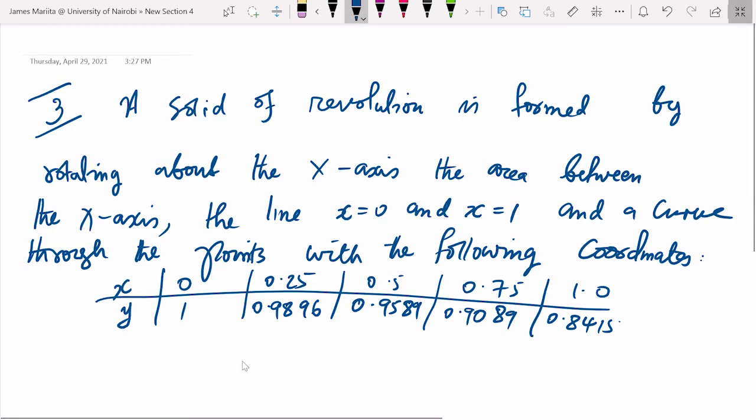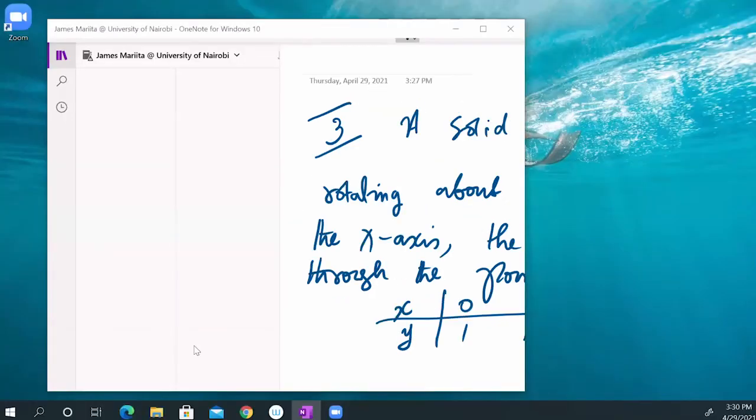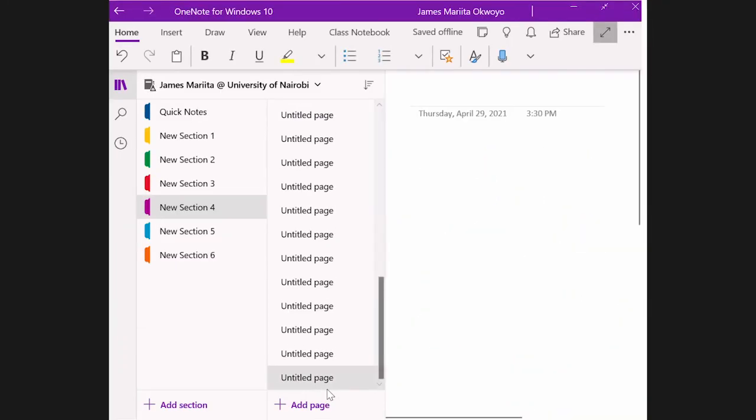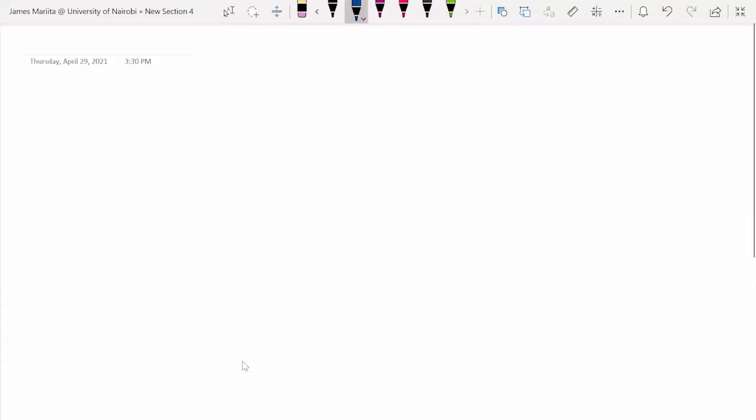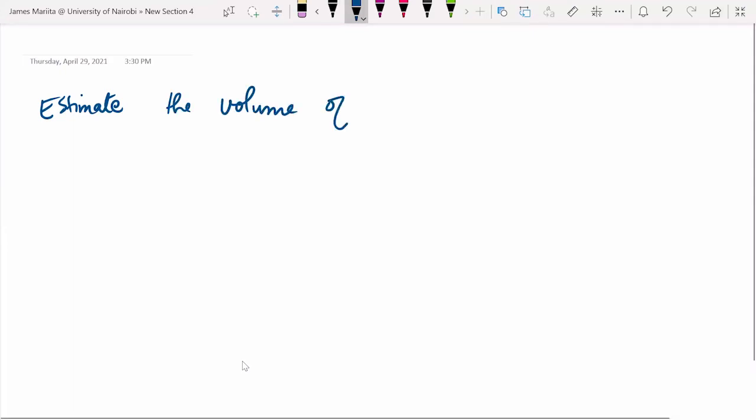Now the question is, estimate the volume of the solid formed.